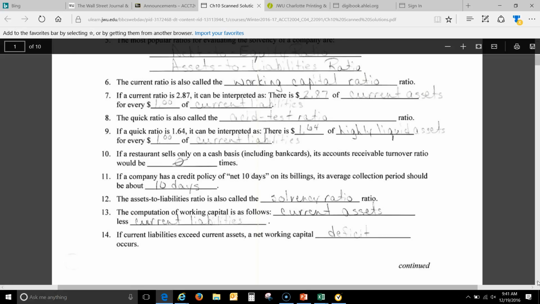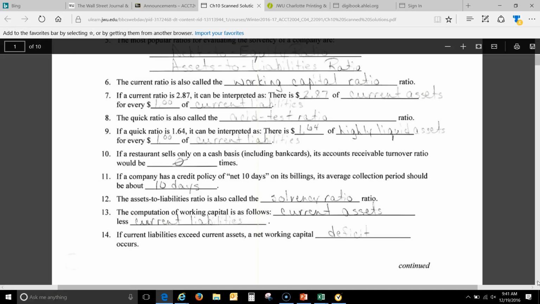So think, if we've got current ratio, what is the formula for current ratio? Good. I'm going to write some of these on the board because we're going to use these in a little bit. We're talking about current assets over current liabilities.